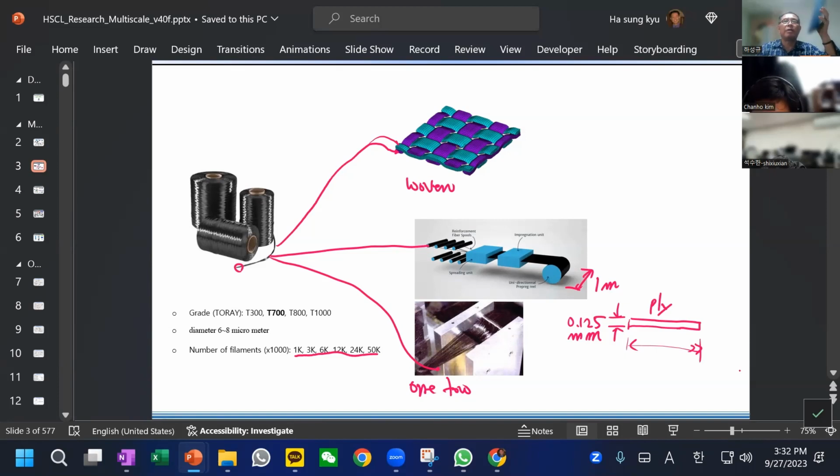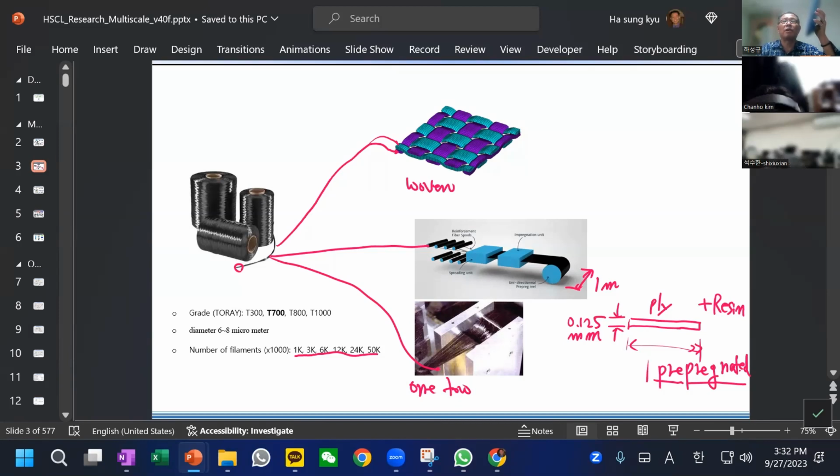And then we can have plus resin there. Then it is called pre-pregnated, meaning that the resin is already pre-impregnated.